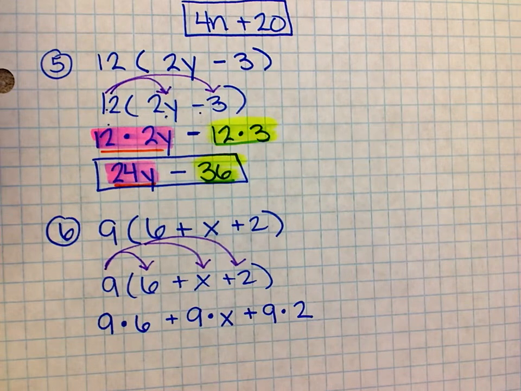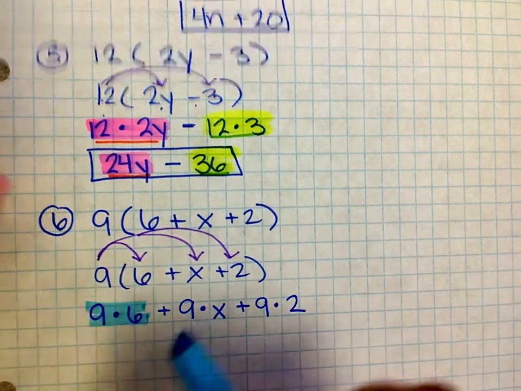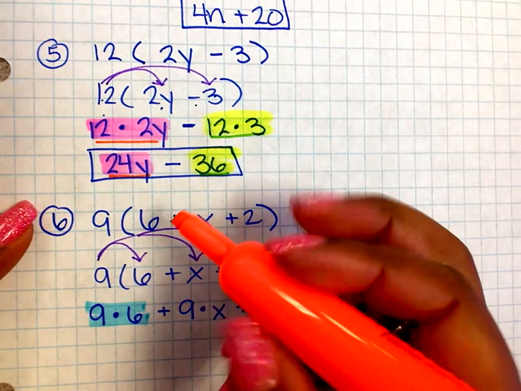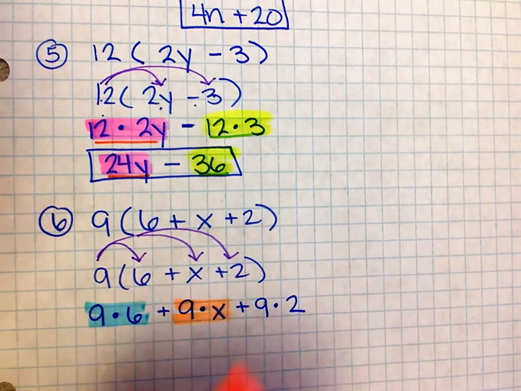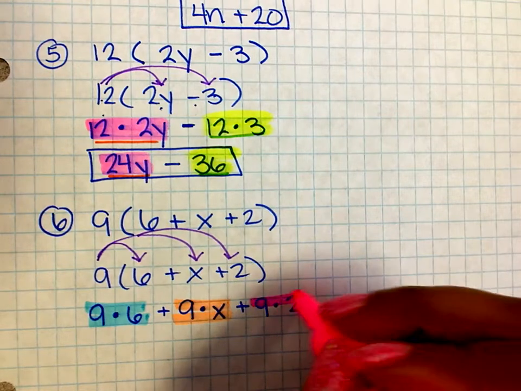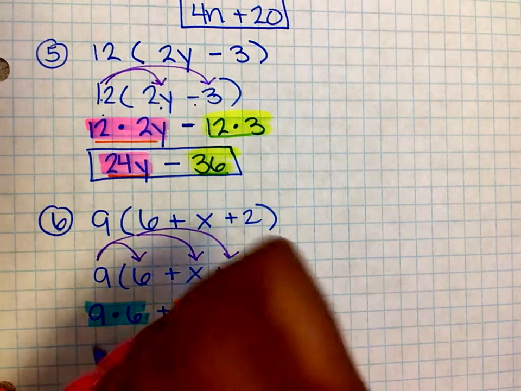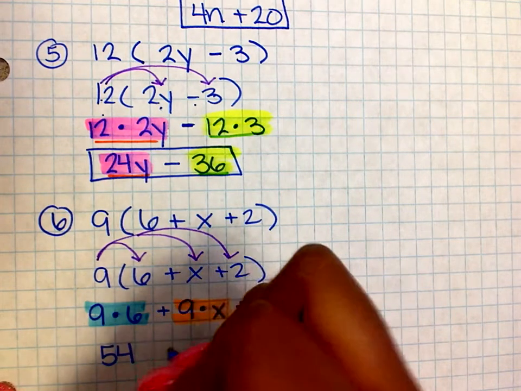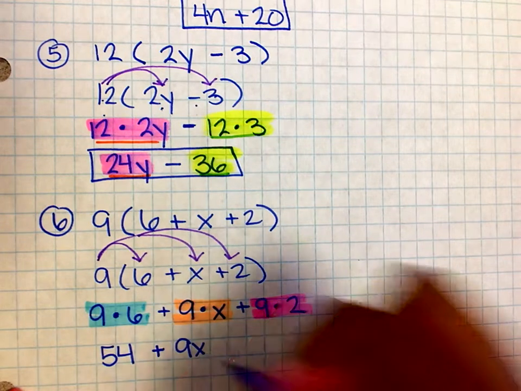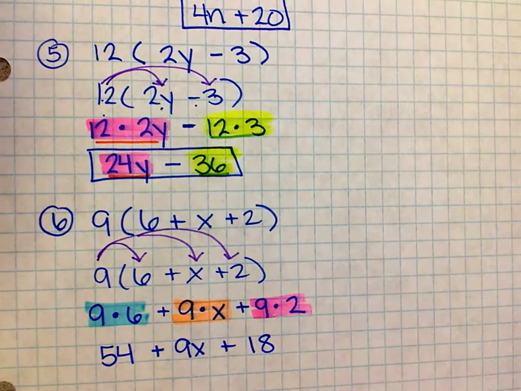So I have 3 parts of the problem, right? 9 times 6 is one part. I have 9 times x as another part. And I have 9 times 2 as another. So I know that 9 times 6 is 54. 9 times x is 9x. And 9 times 2 is 18.